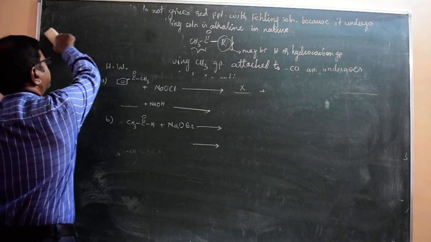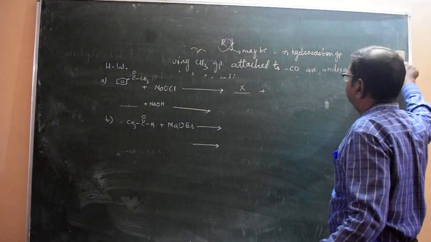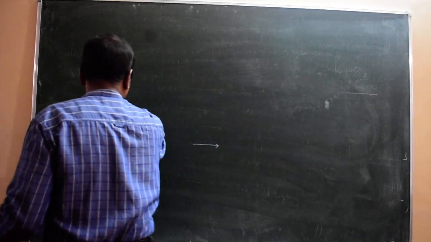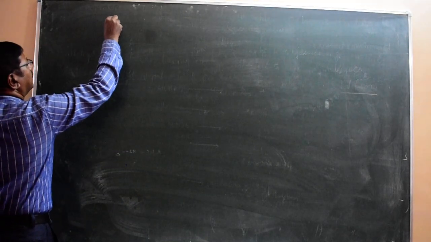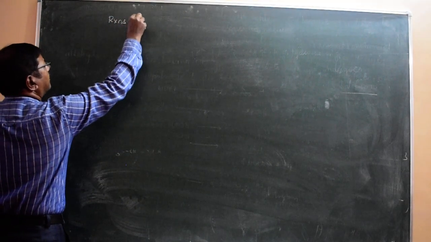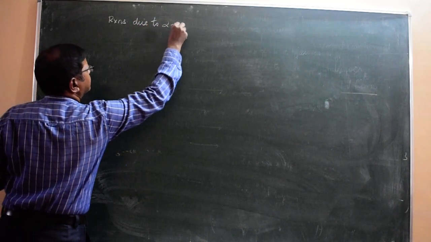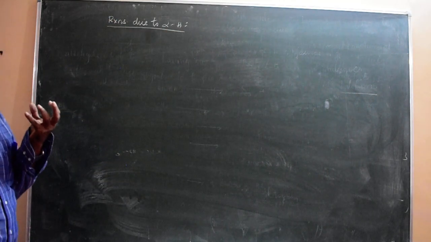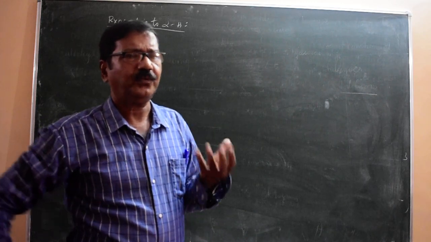Reactions of aldehydes and ketones due to alpha hydrogen. First you should recognize which is alpha hydrogen, then we can write the equation.